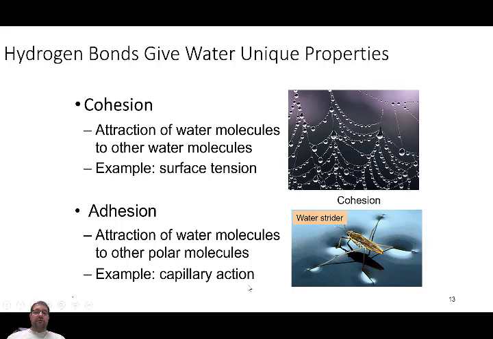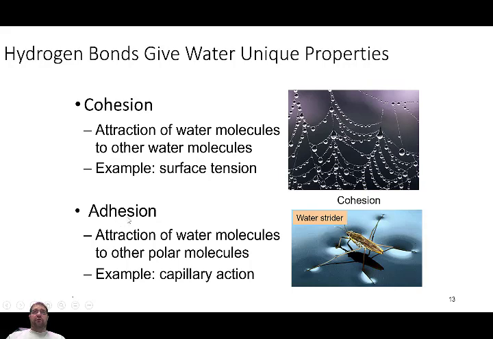It's pretty amazing that they don't need a heart. They don't need a pump to pump water from the roots 400 feet up to the top of the tree. Instead, they use capillary action, adhesion, so the attraction of water molecules to other molecules.